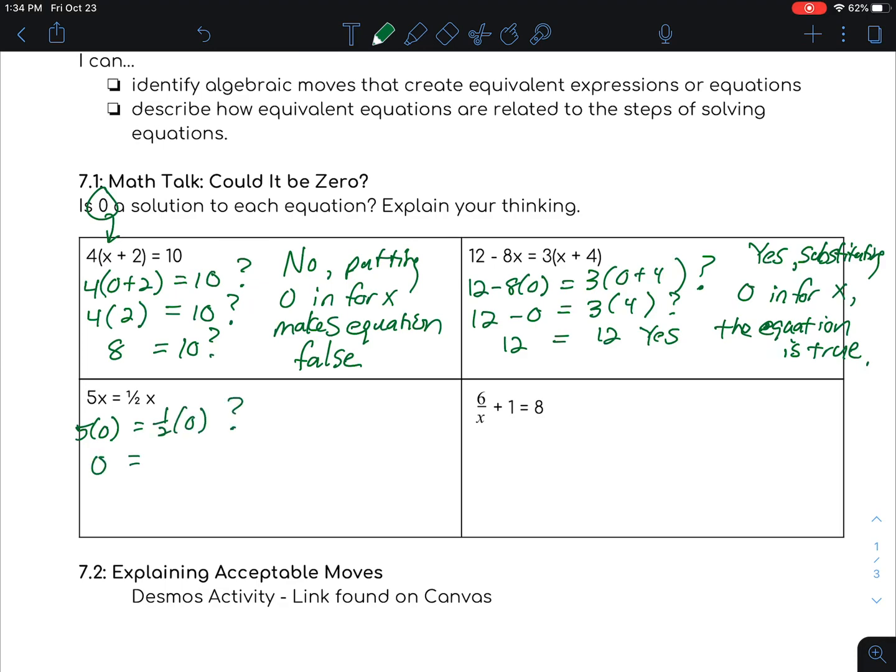Is that true? All right, well, 5 times 0 is 0, and 1/2 times 0 is 0. So yes. Substituting 0 in for x makes the equation true.